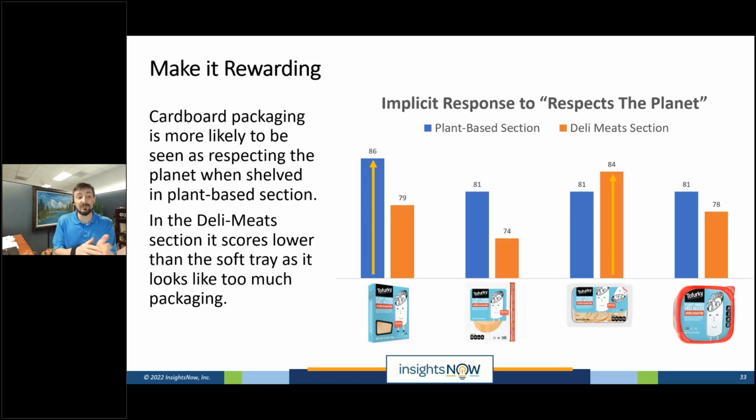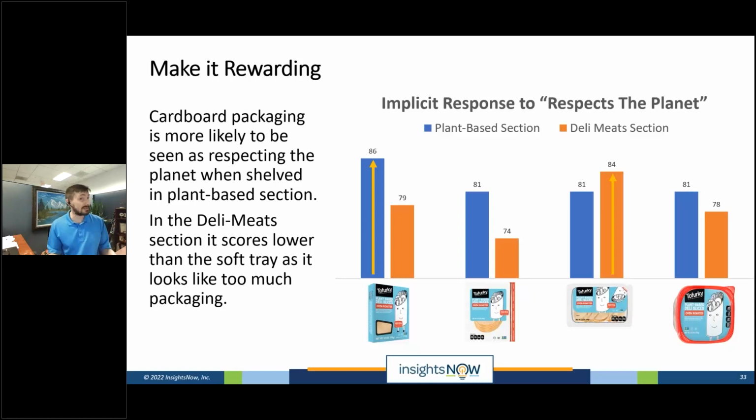And one of the things we do see is that the cardboard container, the control product on the left there, when it's in the plant-based section, people believe that container is respecting the planet, right? Gets a very high score. Whereas that same product, when you're in the deli meat section, has a lower score. In fact, the soft tray has a higher score for respecting the planet. And if you dig deeper into the reasons behind this, it's about wastefulness, right?